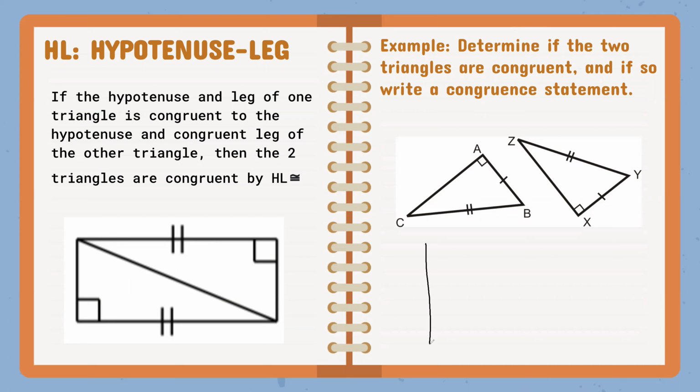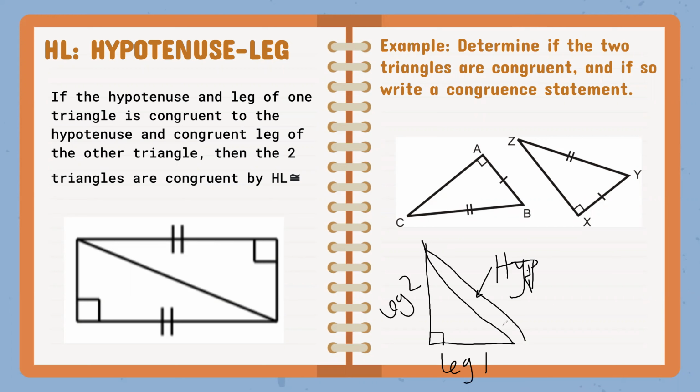So when we're working with a 90-degree angle, this longest side across from the 90-degree angle is the hypotenuse. And then here's leg one and here's leg two. So as long as you have hypotenuses, how do you say more than one hypotenuse? If you have them that are congruent to each other and one of your other legs is congruent, then they're congruent by HL.